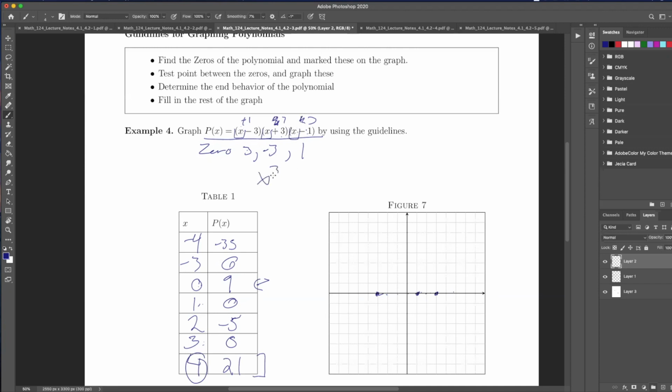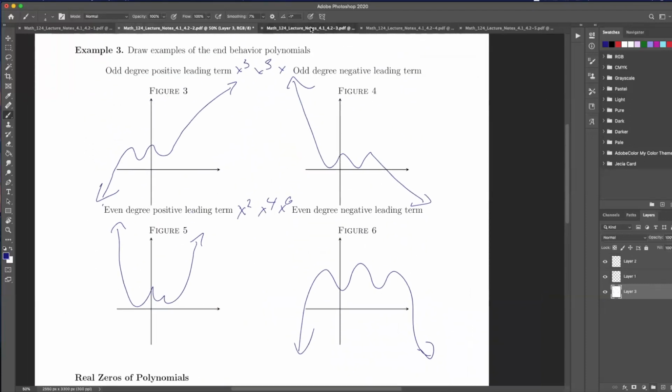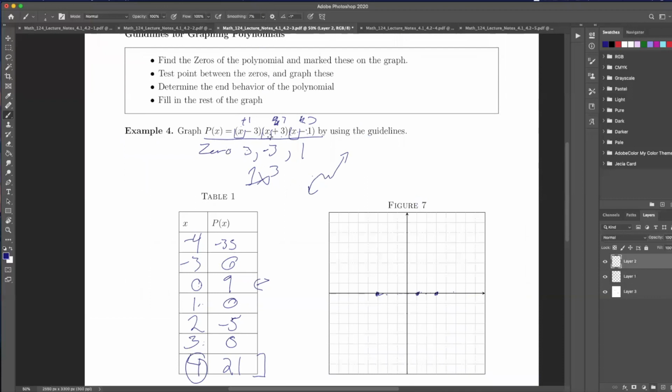So the leading term would be x cubed with a 1. And so this is positive and odd. So I know my end behavior looks like this, right, from my previous graph. Looks like this. So you can just take the largest value of each of these and multiply it together, or you could just type it in. Let me show you how to type this in.